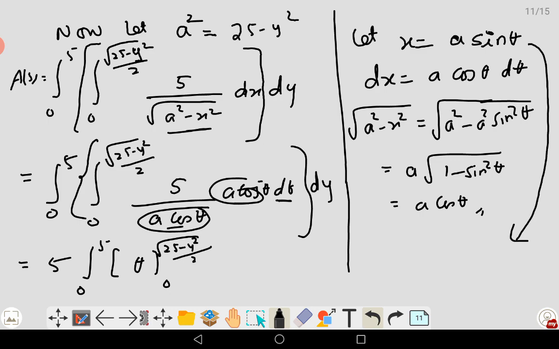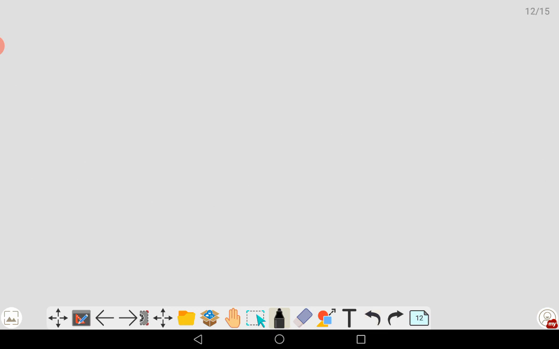Now what is theta? From here you can find theta. X over a is sin theta, so theta is sin inverse x over a. So we are going to replace it here. The dy is outside. That is, area of S is equal to 5 times integral 0 to 5. The lower limit is 0 and the upper limit is square root of 25 minus y square over 2.